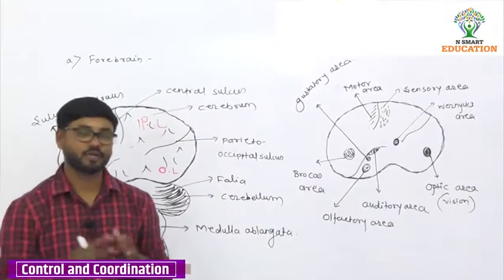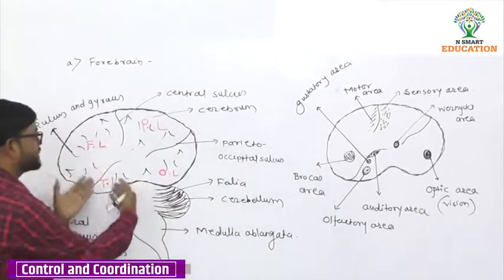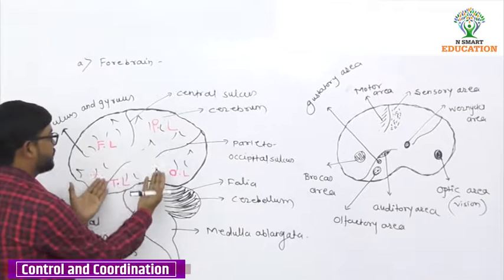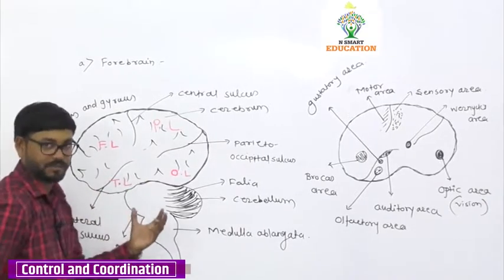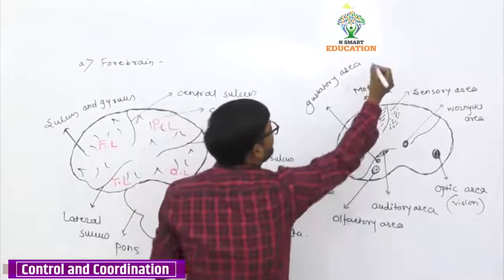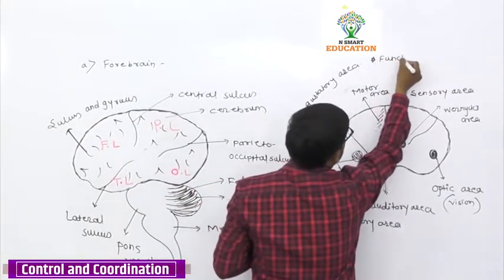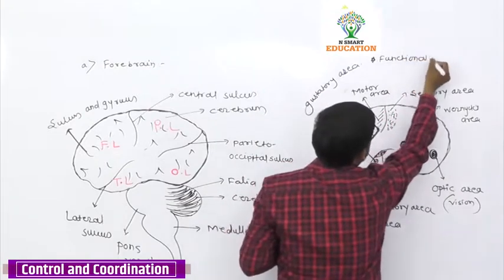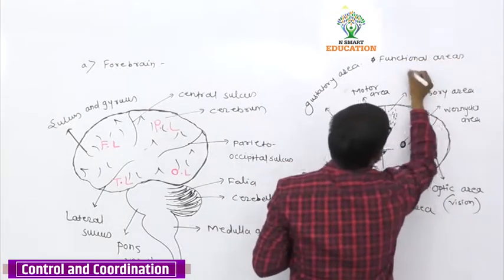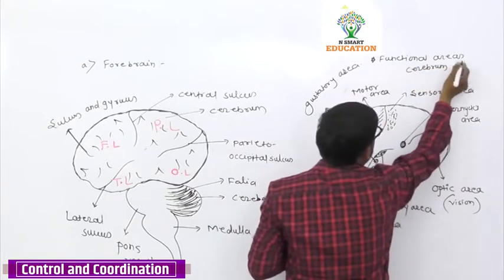Here, very important also, I will tell you exactly where the frontal lobe, parietal lobe, temporal lobe and occipital lobe are. This is also the functional areas of the cerebrum. Functional areas of the cerebrum are also very important.